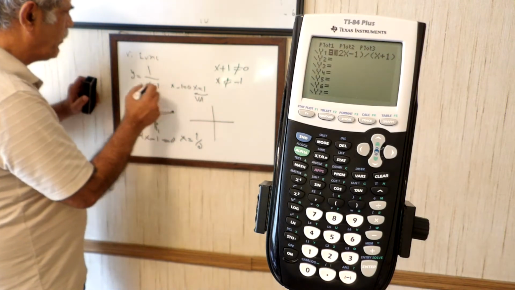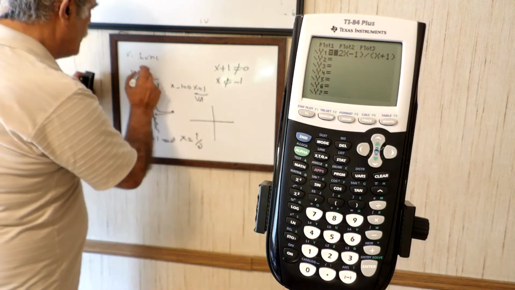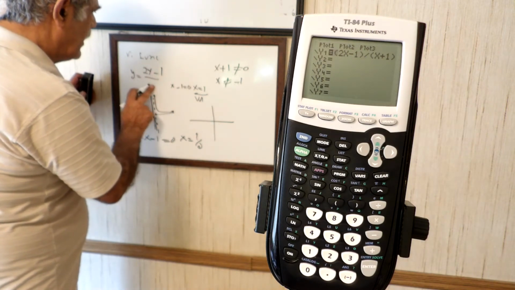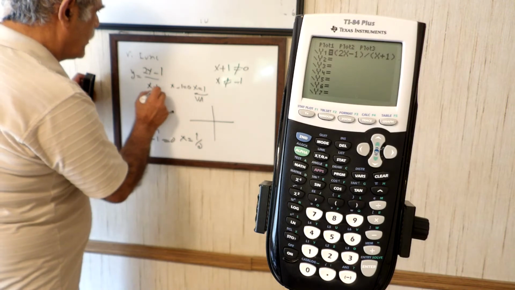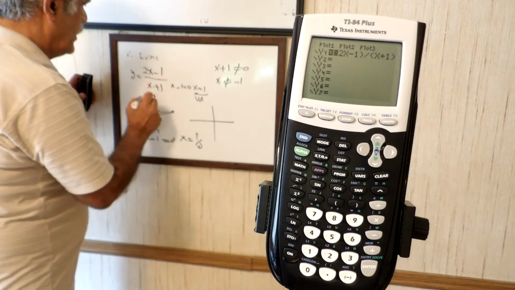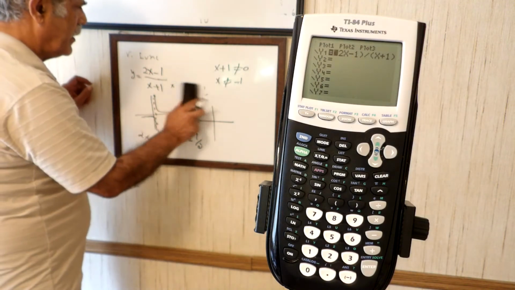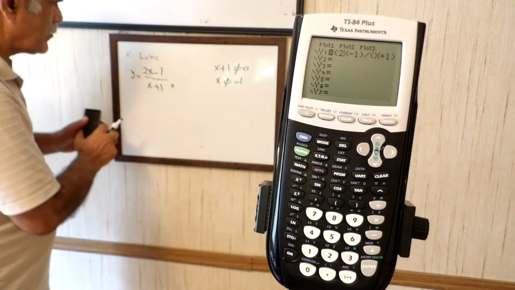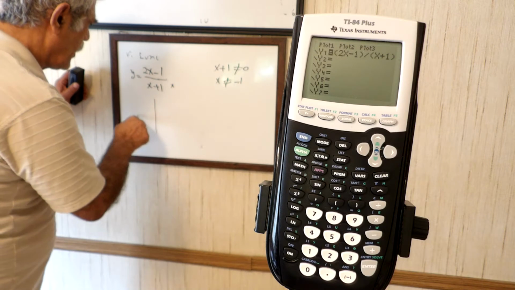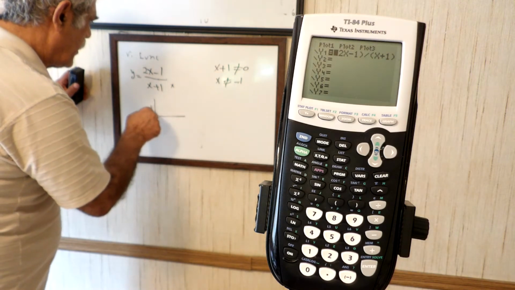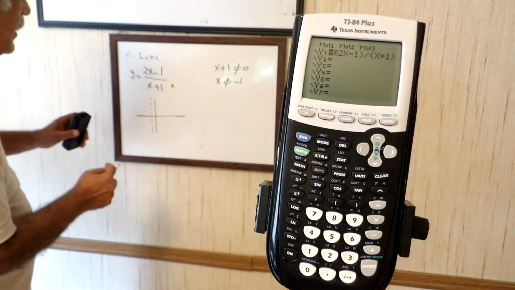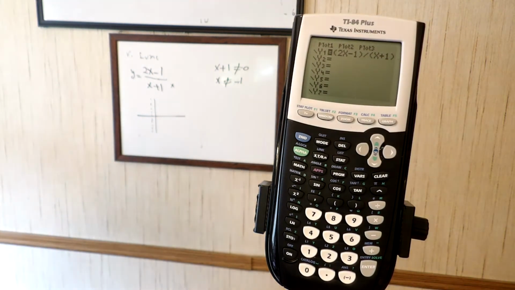You can put this equation 2x minus 1 over x plus 1. See here, x can't be minus 1.